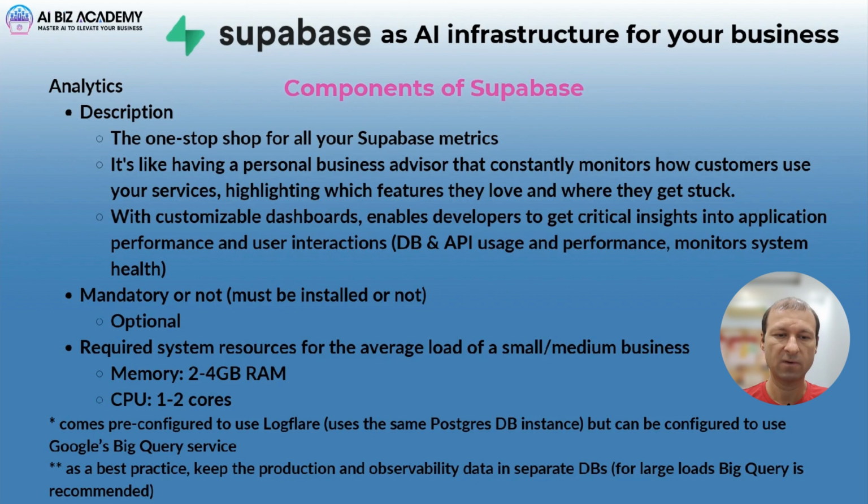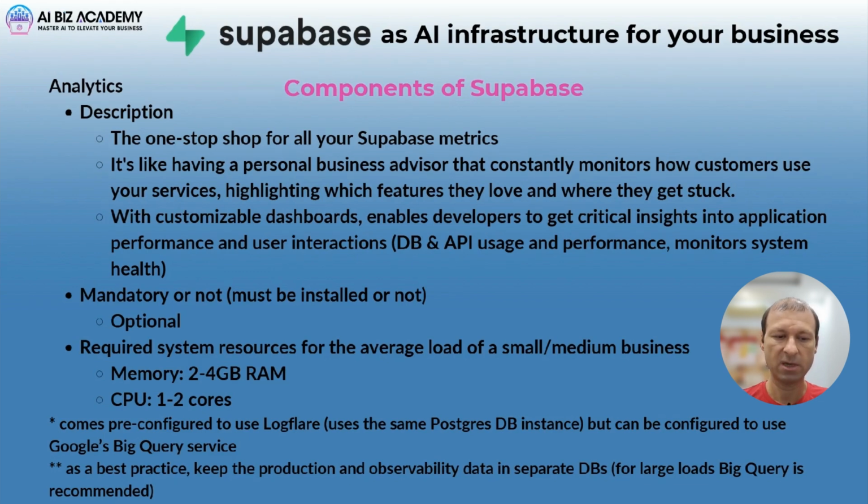You can create, of course, customizable dashboards, and you can see metrics useful for developers as well, and also for non-technical users such as business analysts or product owners to see exactly how customers use your services. This is an optional service. As resources, expect anywhere around 2 to 4 gigabytes of RAM and 1 to 2 CPU cores.